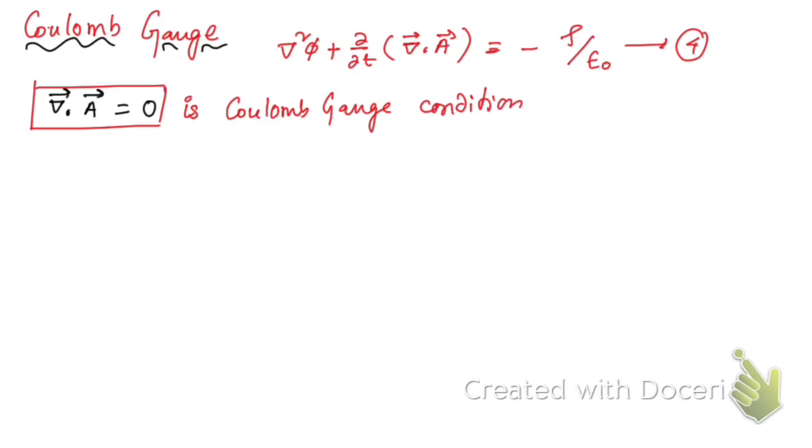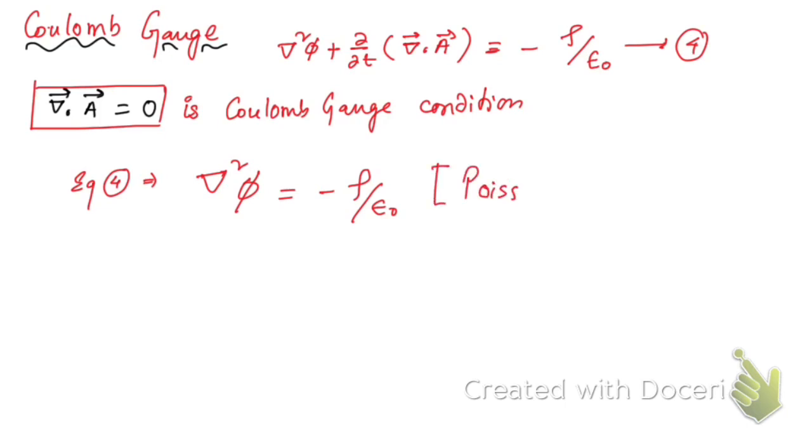Now if you apply this Coulomb gauge condition, then equation number 4 will be of this form, which is nothing but Poisson's equation, right? Now using the same condition, let me copy equation number 3.